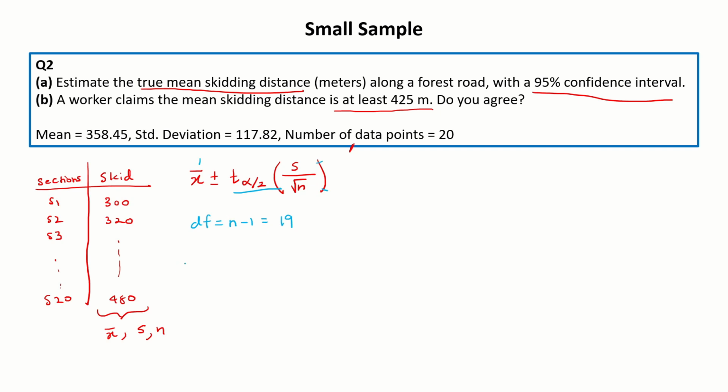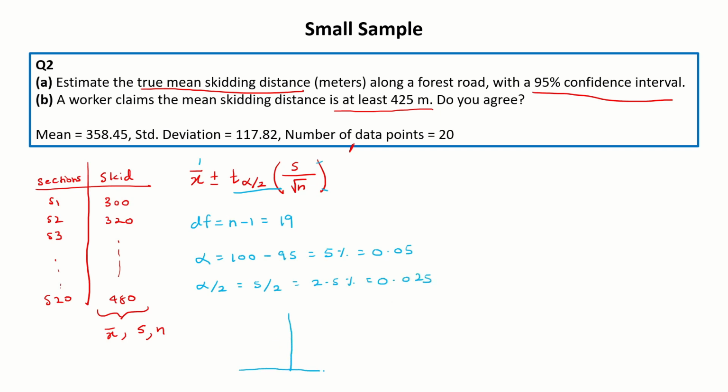Now let's have a look at alpha. Alpha is 100 minus the probability, which is 95%, which is equal to 5%, which is equal to 0.05. Therefore, alpha over 2 is 5 divided by 2, which is 2.5%, and that is 0.025.